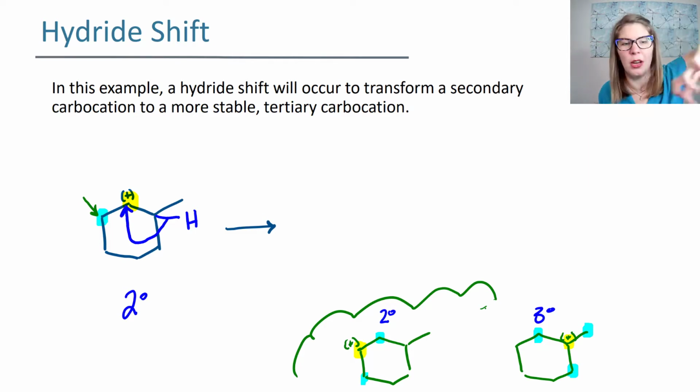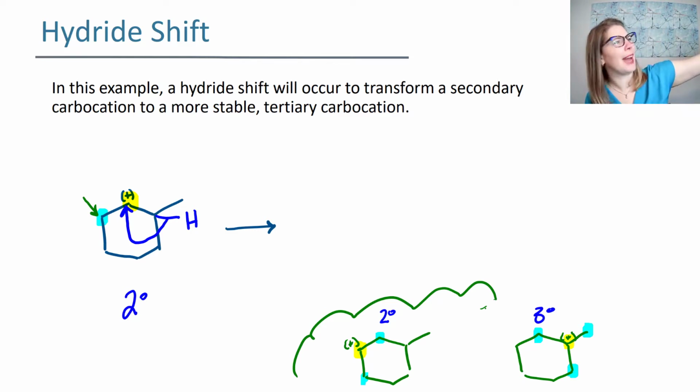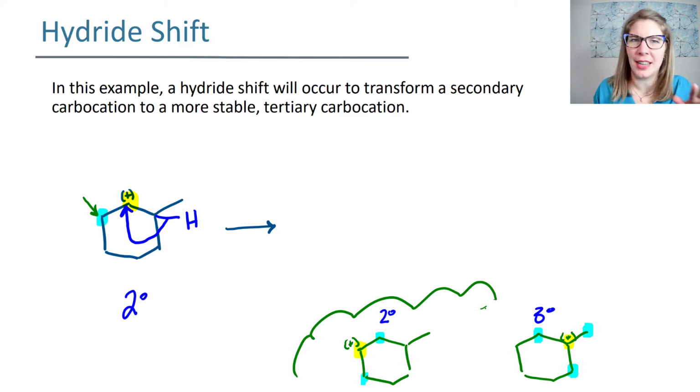And I know I'm crossing over like a line, that doesn't matter. All that matters is that only an adjacent atom can do that shifting. So you can't like hop multiple times, right? It's not like a bunny. There's no Easter bunny in here that's like, hey, 5 steps down the path, I see a more stable carbocation. No, that's not a thing. So the hydrogen plus its electrons can move one carbon over.